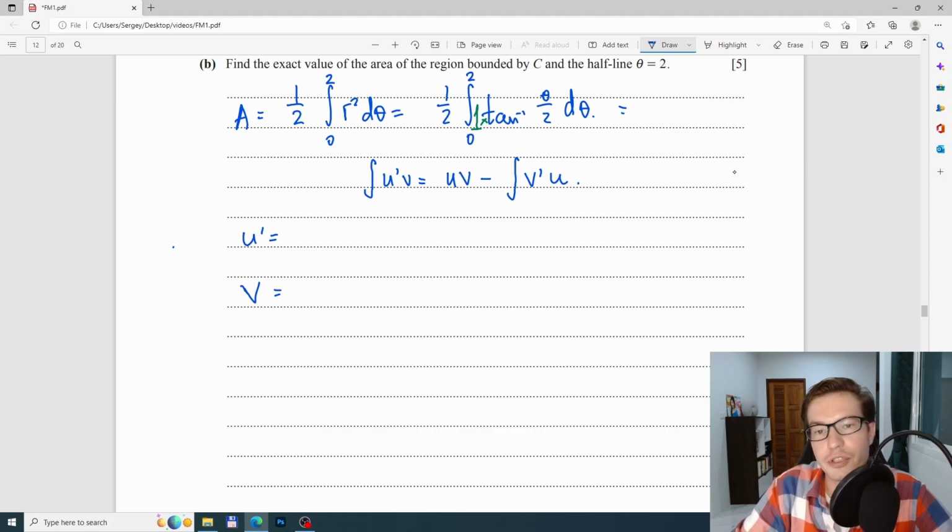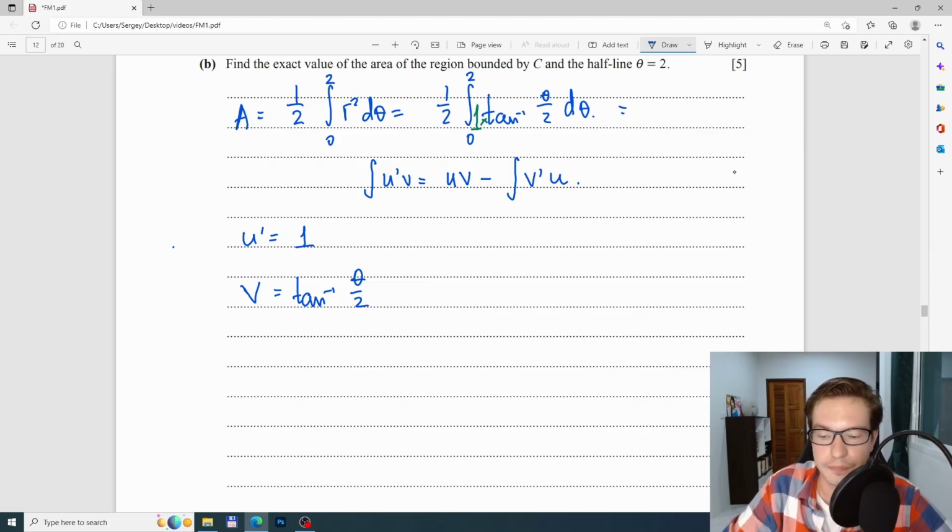Okay, we've already seen that we cannot really integrate inverse tangent straight away, so that's a bad choice for u derivative. And instead, I would say that v equals inverse tangent of theta over 2, and u derivative is going to be equal to 1.